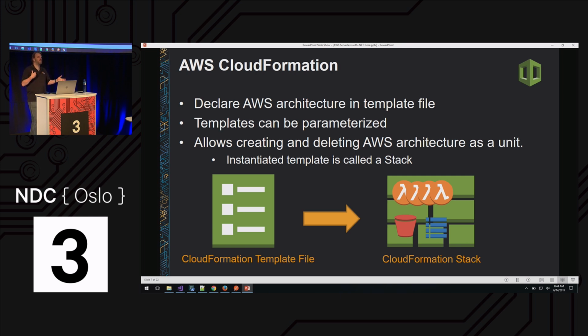And it will go and create all those resources and set up all those events for you as a unit. This could be your test stack, your dev stack, or whatever. And then when you're done with it, you can just say, delete this stack, and it clears out all those resources. So it's a good way of keeping track of all those connection points for your serverless application.